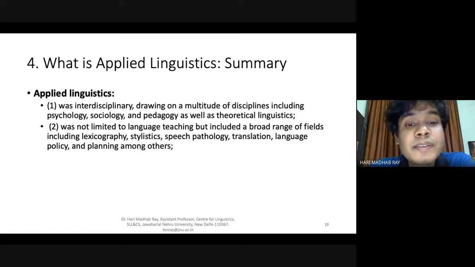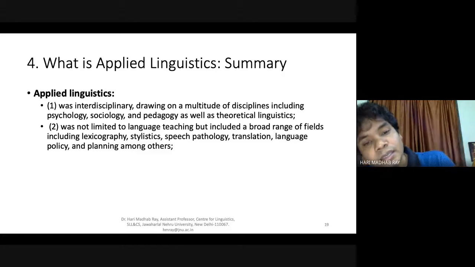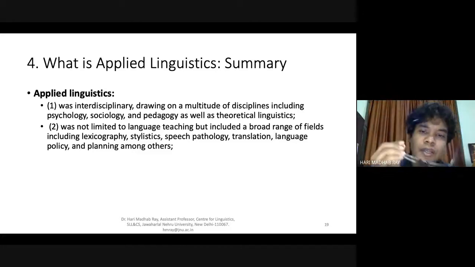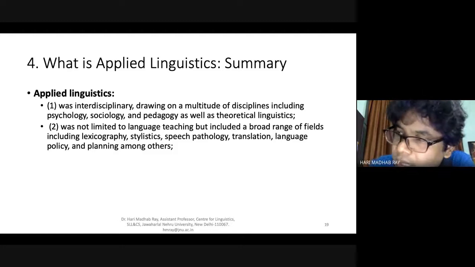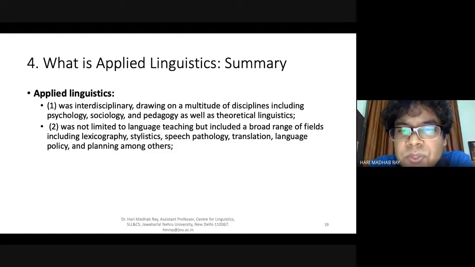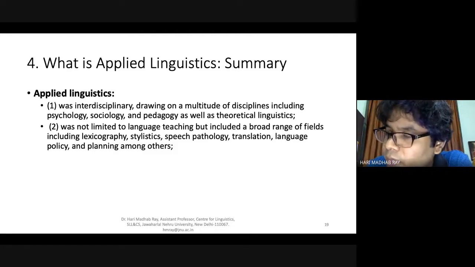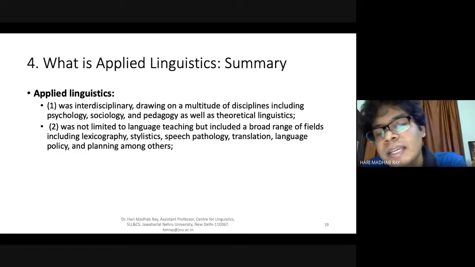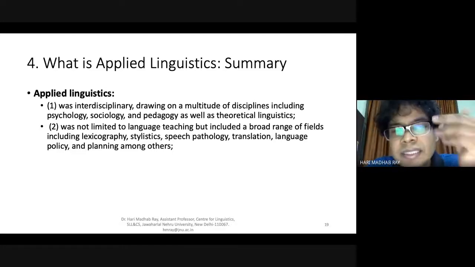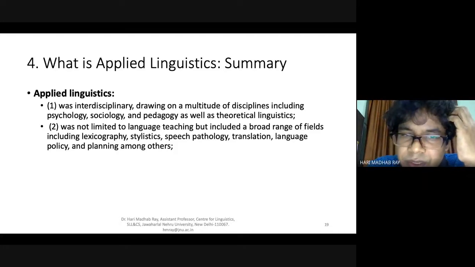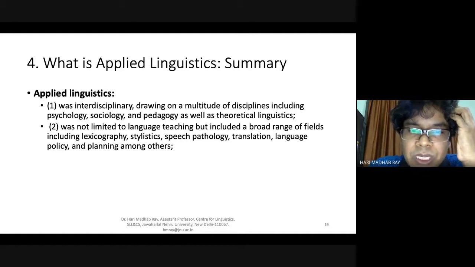Stylistics is another field, looking at the language of literature, and within stylistics also, I can tell you the whole history of stylistics. We can discuss that later on, but stylistics initially started with literature, whether it is Shelley, Keats, Byron, a novel, poem, prose, drama, all that kind of literary text and its analysis.